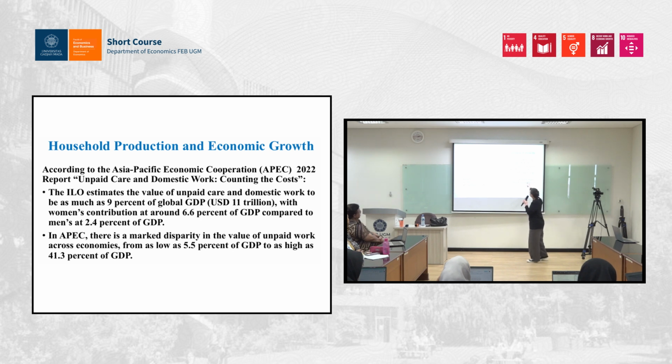If we take the average for all, the ILO, International Labour Office, tries to make estimates for a general picture, averaging more and less economically developed countries. They get that unpaid household work, which also includes care work, corresponds to 9% of the GDP, so $11 trillion.